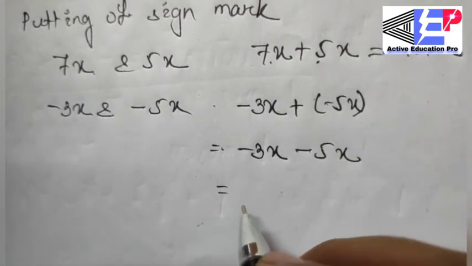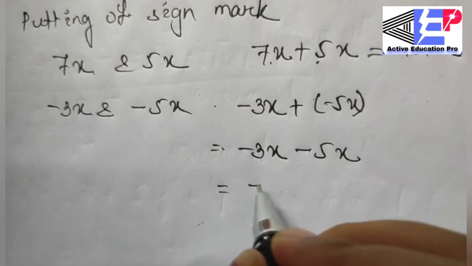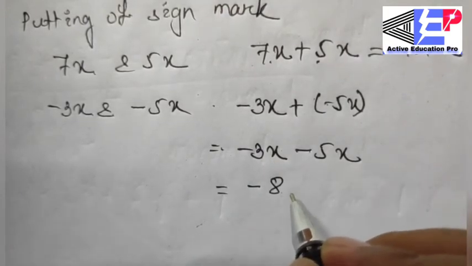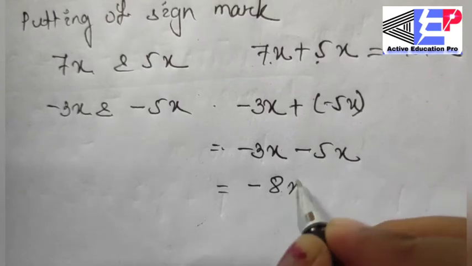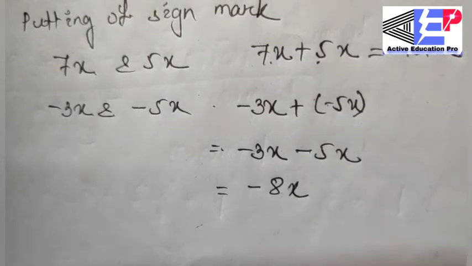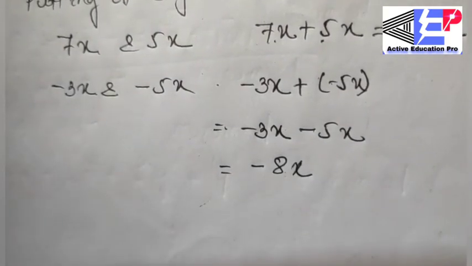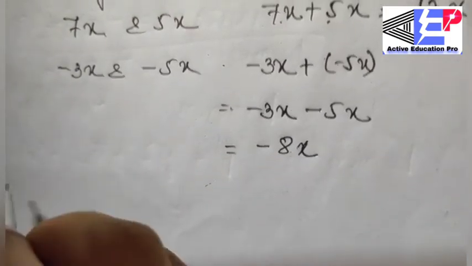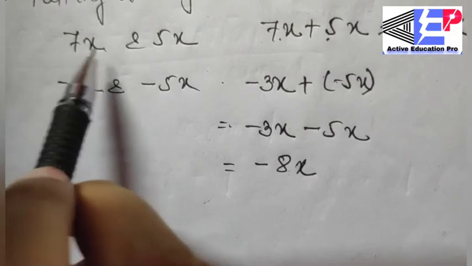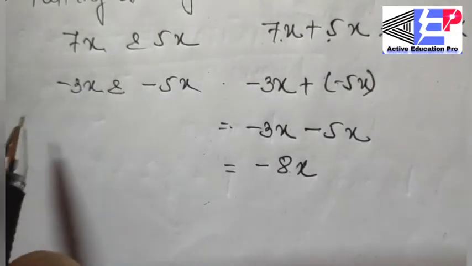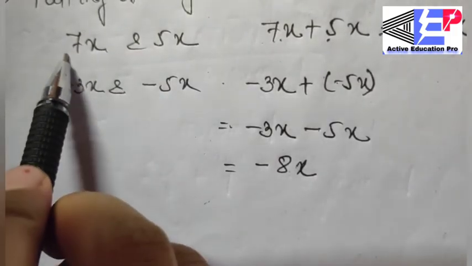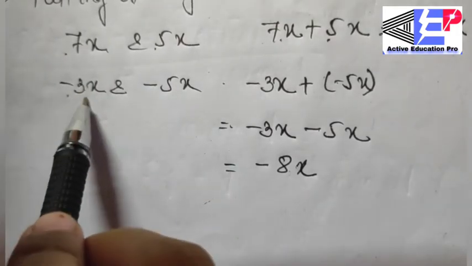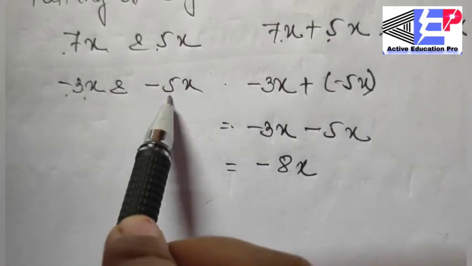Then add the coefficients of both the terms, minus 3 minus 5 is minus 8, and keep the variable at its right side, x. That's all. In these examples both terms have the same sign, positive 7x and positive 5x, or minus 3x and minus 5x.